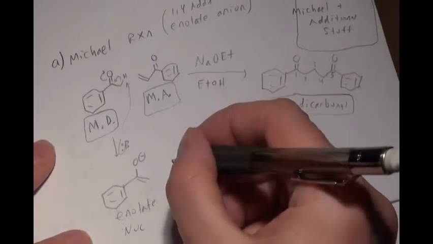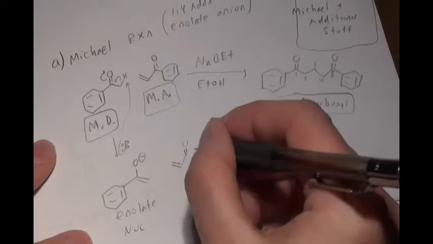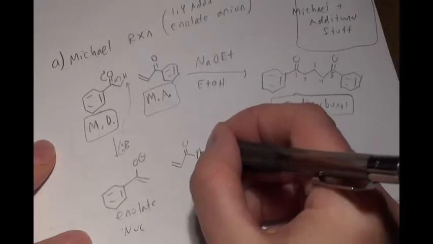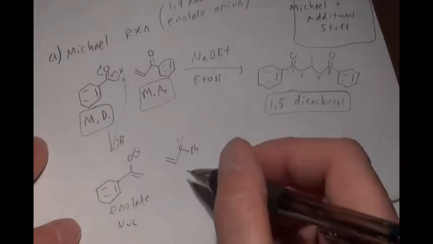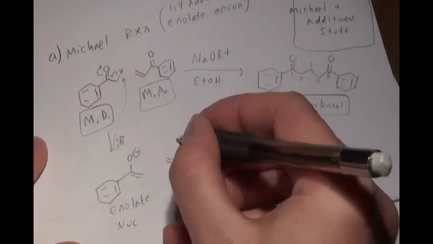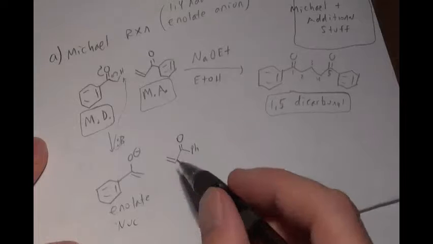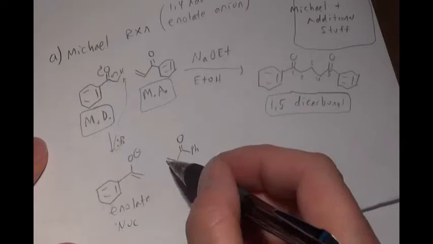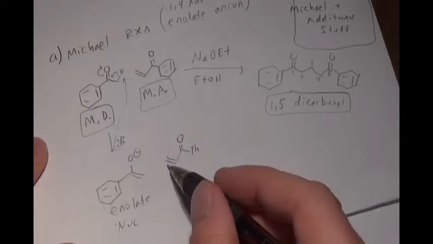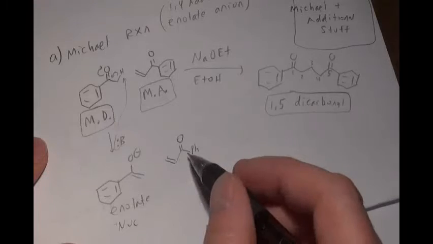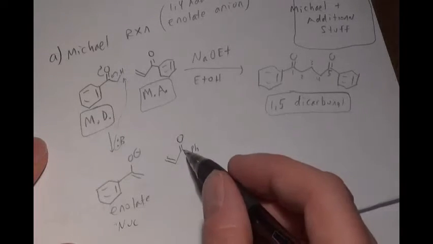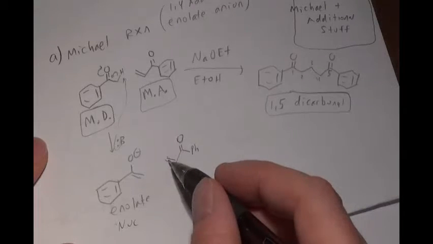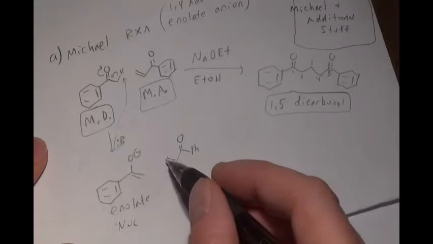I'll redraw that down here, abbreviating it for now as Ph. So what's the nucleophile going to do? What do we learn about these things? They can be attacked. For the most part, things attack the conjugate addition, the 1,4 addition, just like a cuprate. Some things attack the ketone, but almost everything else attacks the alkene.